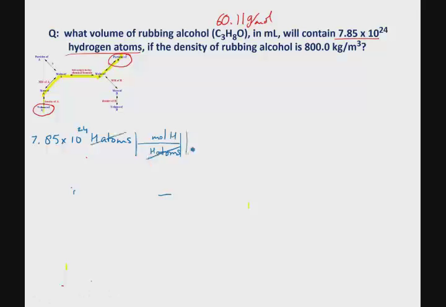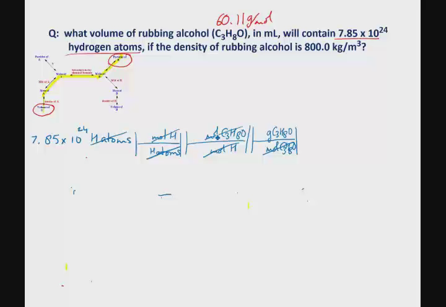Moles of hydrogen can then be converted into moles of rubbing alcohol, that is C3H8O from the chemical formula. That's your second step. Moles of C3H8O can be converted into grams of C3H8O.